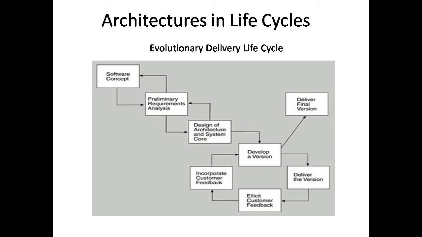Now, here the evolutionary delivery life cycle is told: you design the architecture, system, and code. So whatever the designing of the system, you design the system and develop some version. Let us say you develop version number 1, and after developing version number 1, you deliver it to the customer, and the customer gives some feedback.